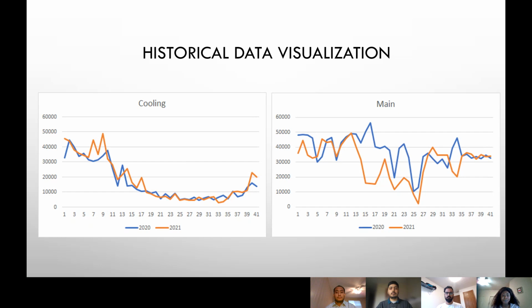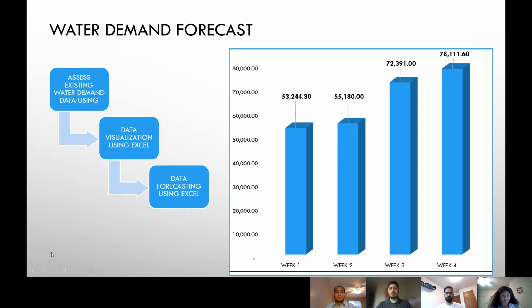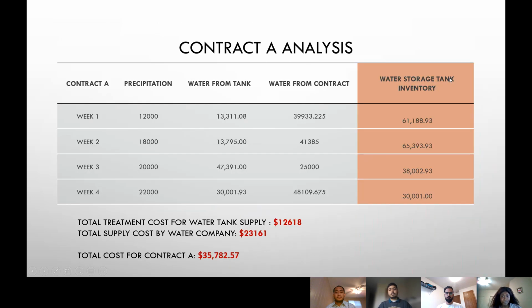water demand would be. To do this, we had to assess the existing water demand using Excel. We did some data visualization, as you have seen on the previous screen, and we did data forecasting using Excel. This gave us a water demand for week 1 of 53,244 gallons, and for week 4, 78,101 gallons.